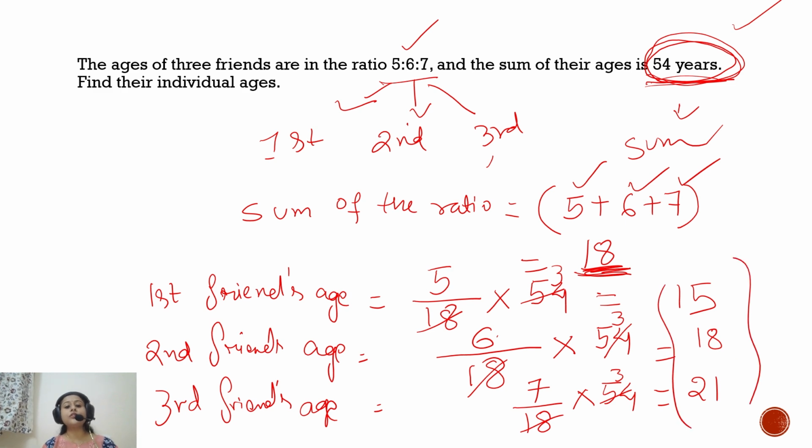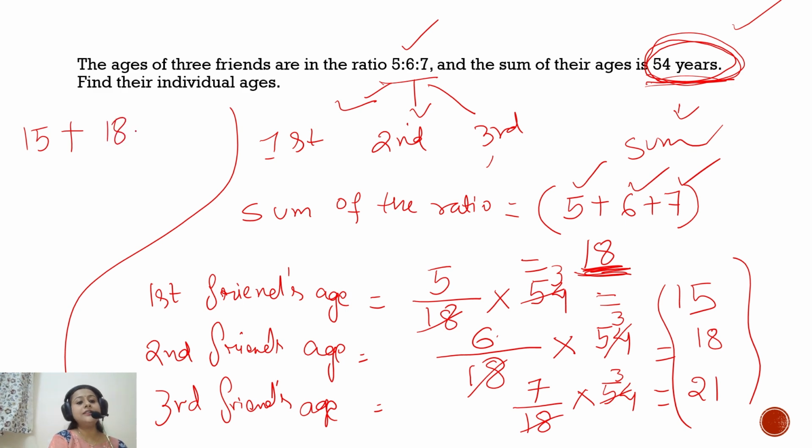So for cross checking, if you just add all these 3 ages of the 3 friends, 15 plus 18 plus 21, you will see you will get 54, because 8 plus 1 is 9, 9 plus 5 is 14. So 4 I will write, 1 will be in my hand. So 2 plus 1 is 3, plus 1 is 4, and 1 is there in my hand.